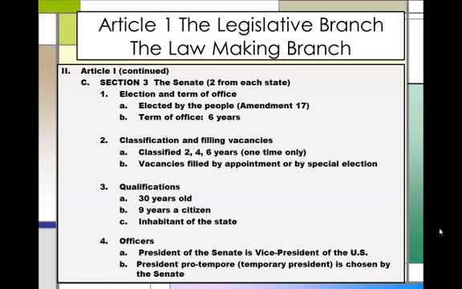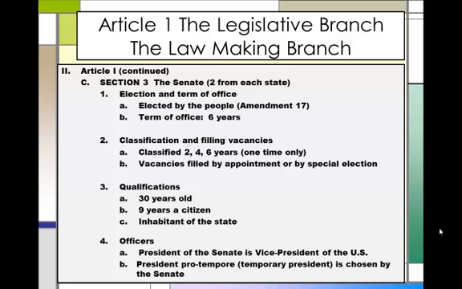In the original election for senators, there were 3 different categories or classifications. 1/3 of the senators were elected for 2 years, 1/3 were elected for 4, and 1/3 were elected for 6. That happened only that one time. After that, all senators were in office for 6 years. This allows us to have 1/3 of the senators up for re-election every 2 years.